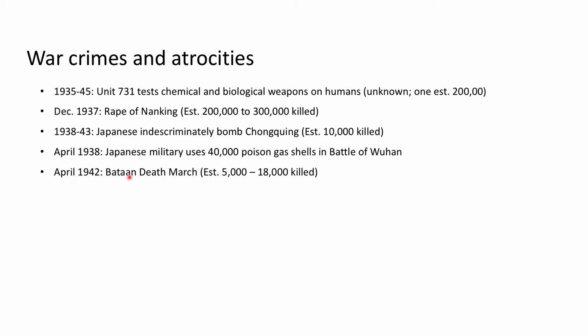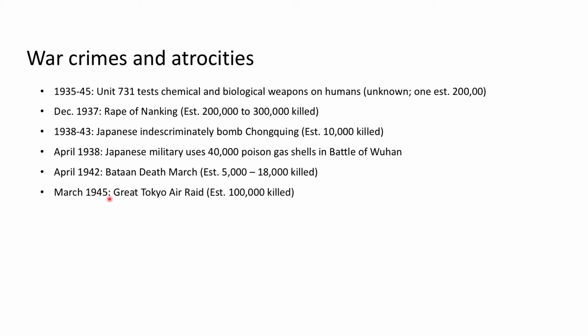In April 1942, the Japanese military in the Philippines forced captured Filipino fighters and US and British fighters to march, in what today is known as the Bataan Death March. Many died from disease and starvation. Again, the estimates vary quite widely, anywhere between 5,000 and 18,000 estimated killed.